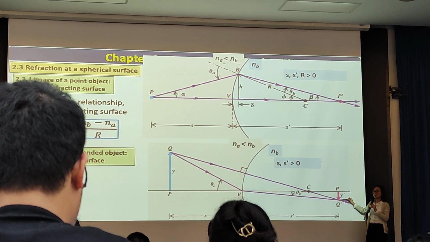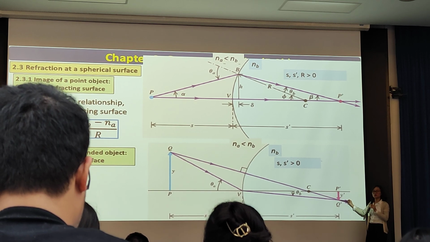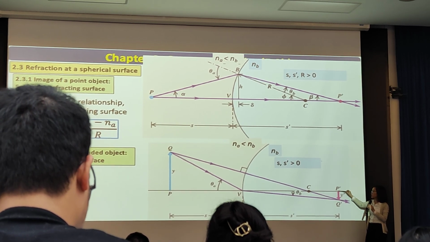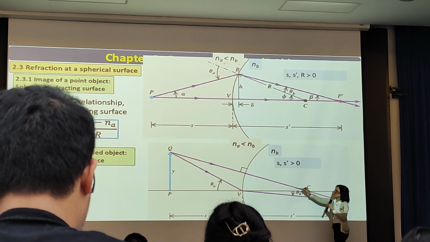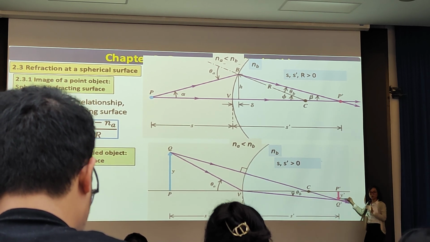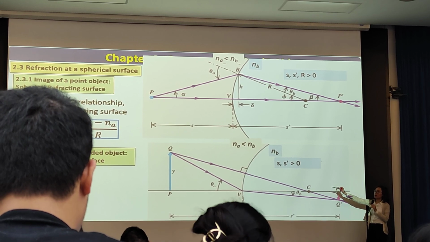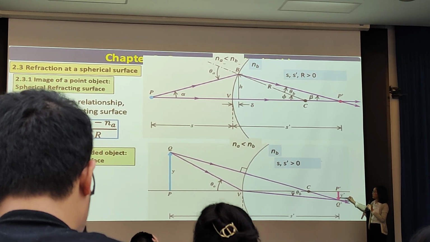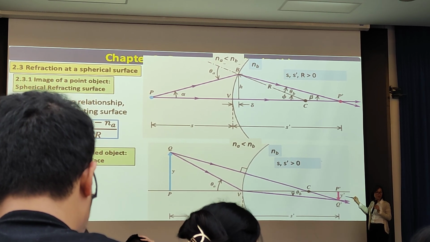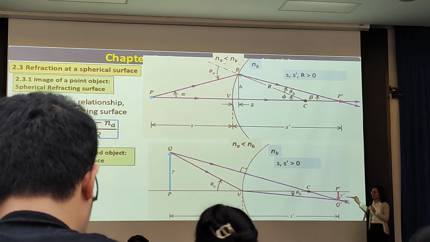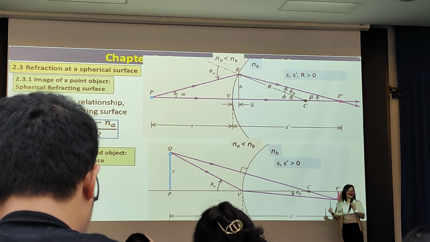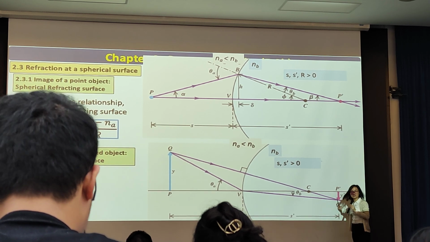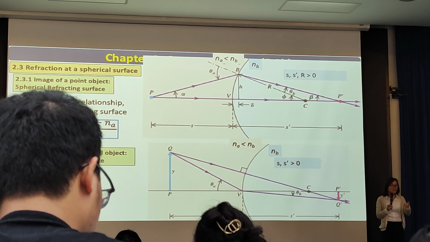So this point is the image of Q. We have that Q prime, and then we have P prime here with a perpendicular line. So P, Q, P prime, Q prime, PQ with the height y, P prime, Q prime with the height y prime. And if you use the drawing, you see that they are not in the same direction. So the image here is, the first property is real, right?